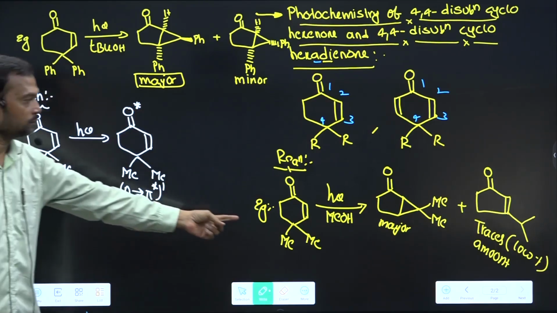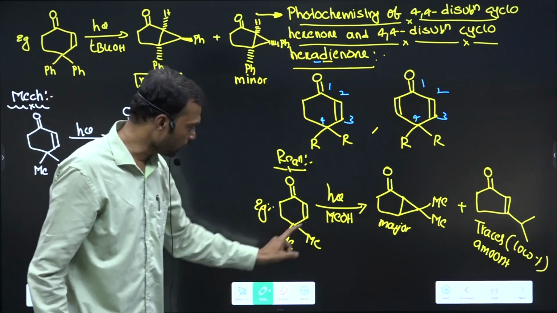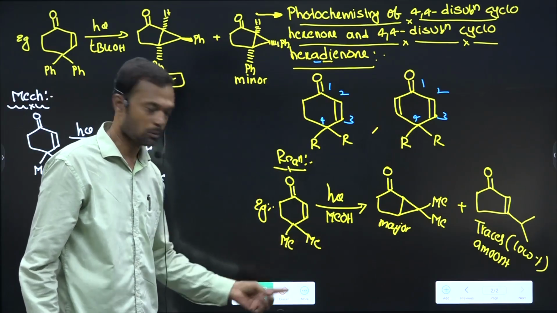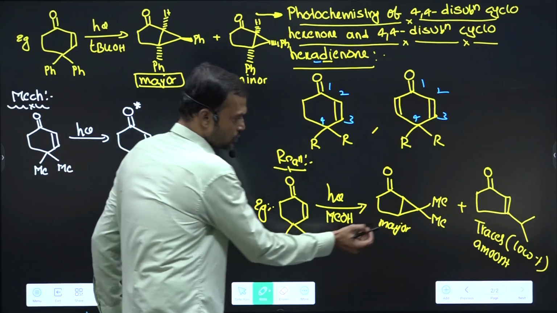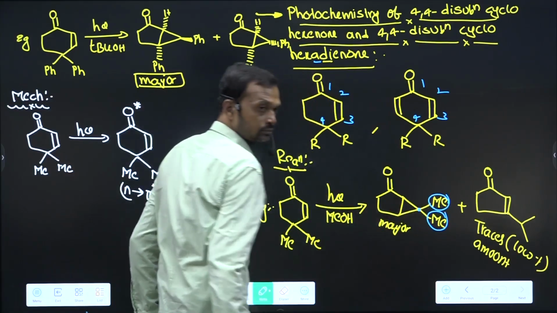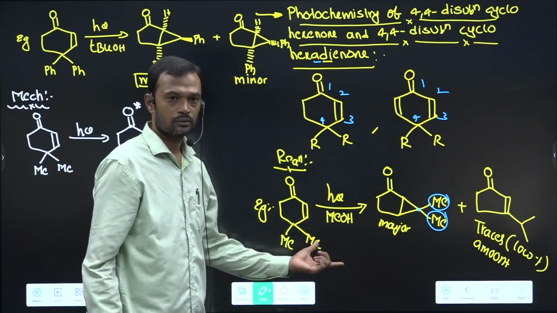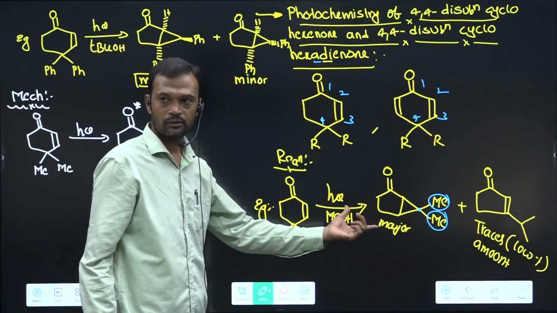This mechanism I am writing. If this is given in your exam, it may be dimethyl, diethyl, diisopropyl, methyl-ethyl, tertiary butyl, whatever it may be. If these two are aliphatic, see, the 3-membered ring carries the 2 aliphatic groups. Generally an unexpected answer, right or not? See, there is no relation between these two, but you need to remember. I will show the mechanism.